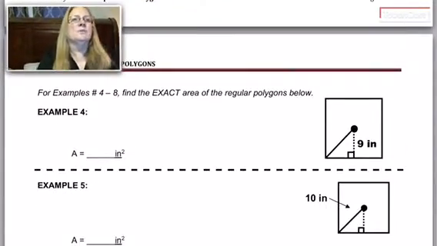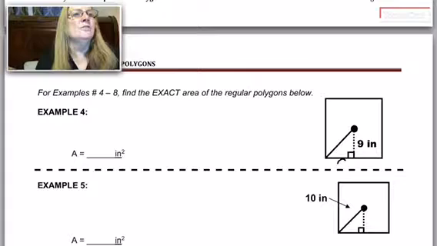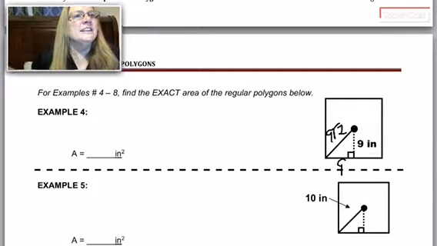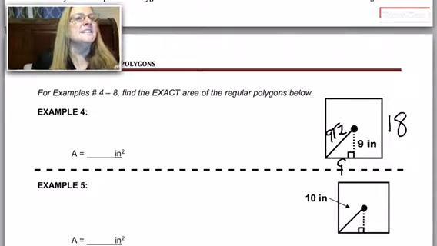So, let's work these problems. Find the exact area of the regular polygon below. We have a square. They tell us it's a regular polygon, so we know it's a square. And so you should already know that this is 9. This would be 9 square root of 2. We don't really need that measurement. If half a side is 9, the whole side is 18.